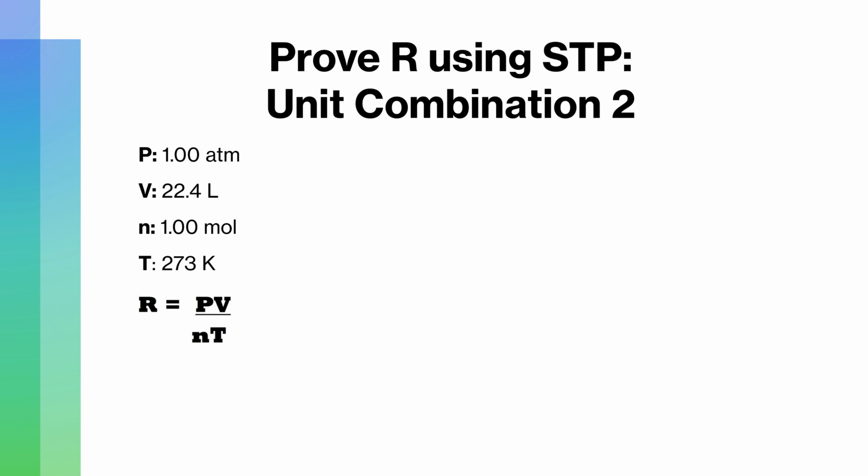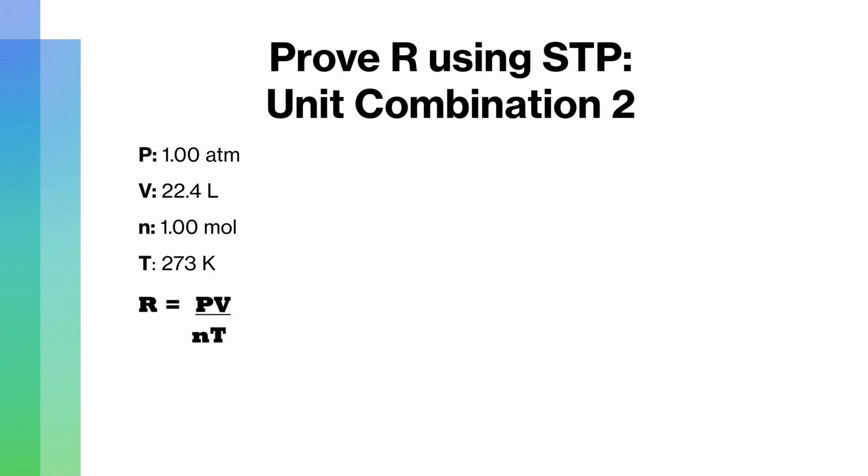Okay, so for this unit combination, pressure is 1.00 atmospheres, volume is 22.4 litres, amount is 1.00 moles, and temperature is 273 Kelvin. Our rearranged equation is exactly the same as the previous slide. It's R equals P times V divided by N times T: pressure times volume divided by amount times temperature. Okay, let's prove the value of R using this unit combination.